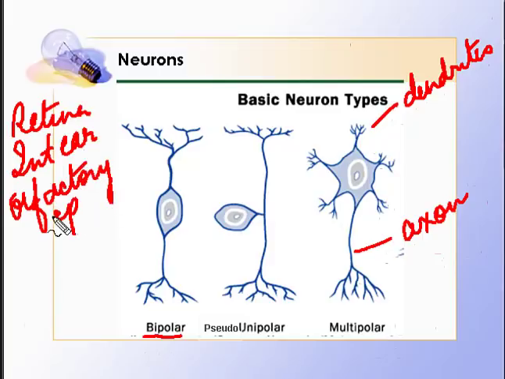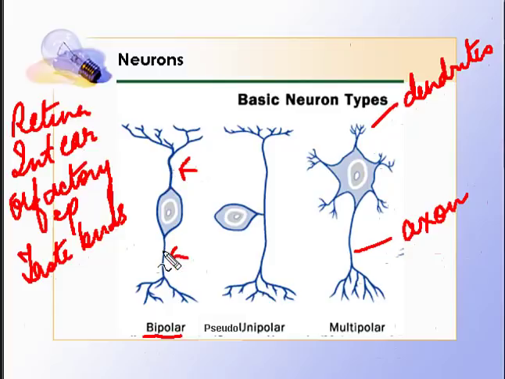You will see this in the taste buds. So these are bipolar neurons seen in special sense organs. And as you can see from this image, it has 2 poles. So there is one dendritic process and one axonal process. So that's why it's called bipolar, 2 poles.